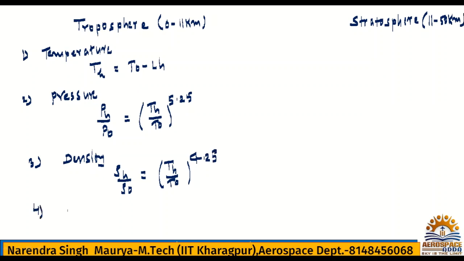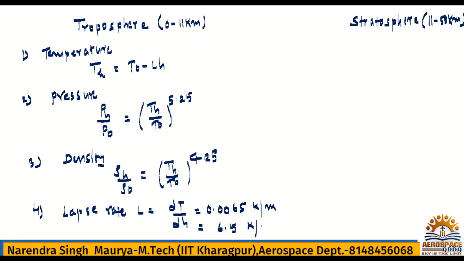And fourth, lapse rate, that is L, which is nothing but the temperature variation with respect to altitude, dT by dH, equal to 0.0065 Kelvin per meter or 6.5 Kelvin per kilometer.